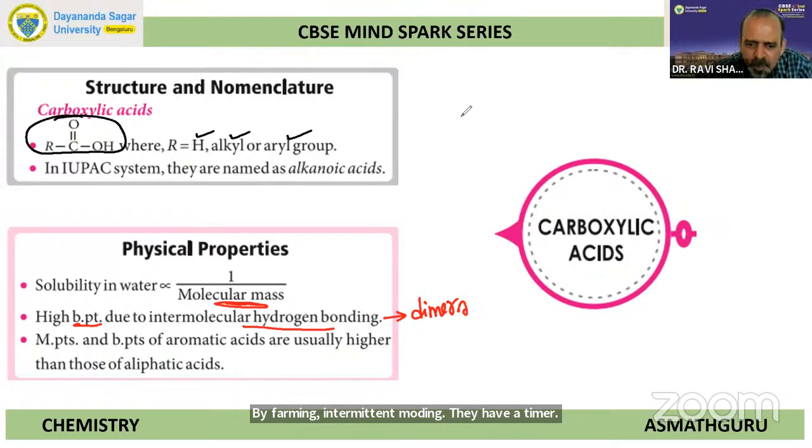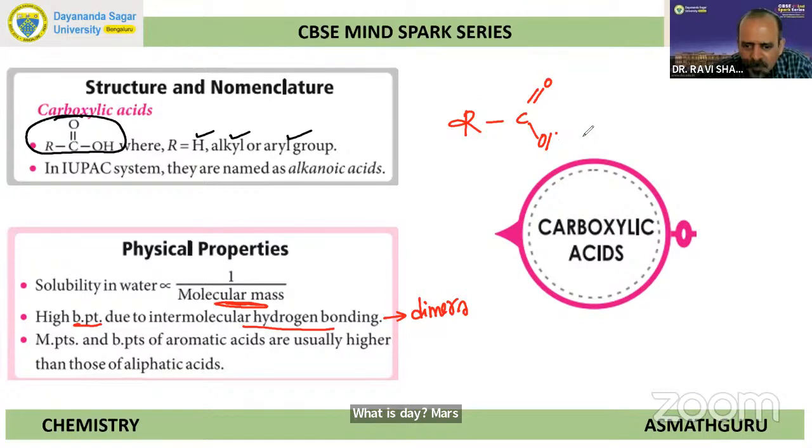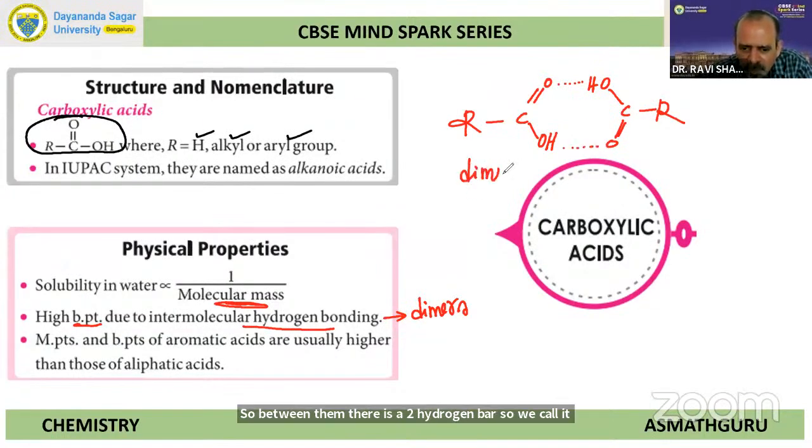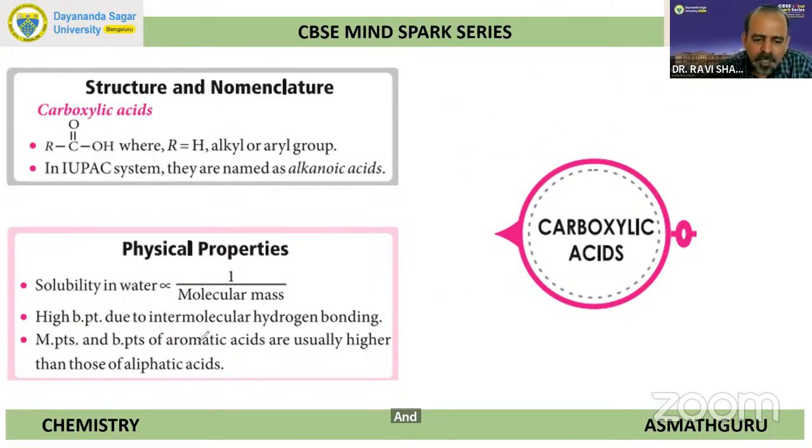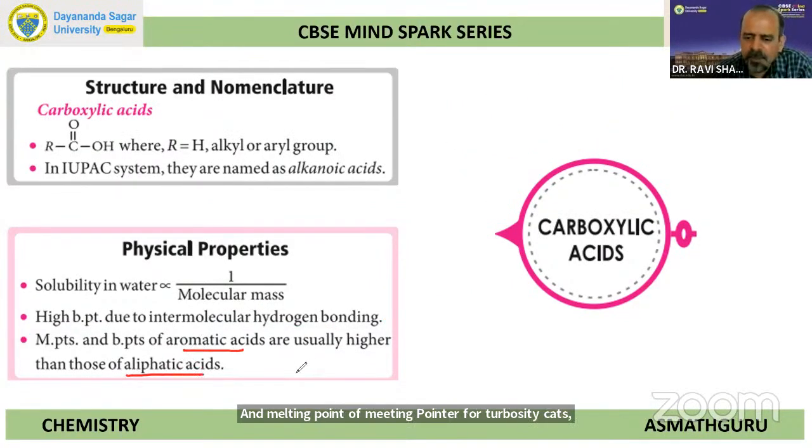What is a dimer? They have a structure like this: RCOOH, and if I take another RCOOH, between them there are two hydrogen bonds. So we call it a dimer. That's why they have the highest boiling point compared to aldehydes, ketones, alcohols, ethers or hydrocarbons. The melting points of aromatic acids are higher than aliphatic acids.